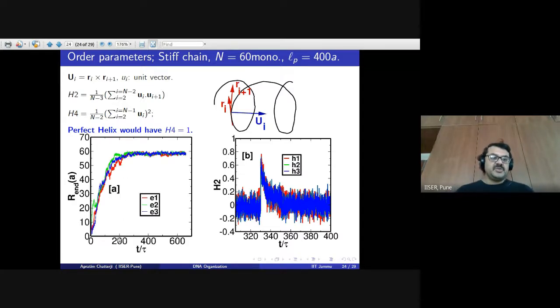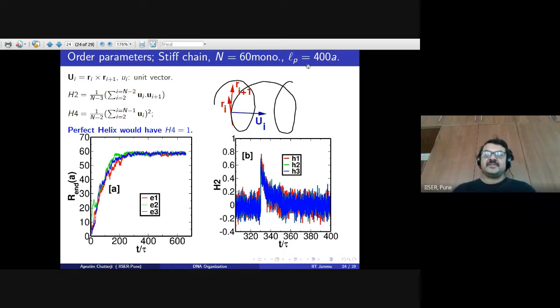What we do here is take a very rigid polymer chain. It has 60 monomers, and its persistence length is a measure of its rigidity. A high persistence length means it's very rigid, and a low persistence length means it is relatively flexible.